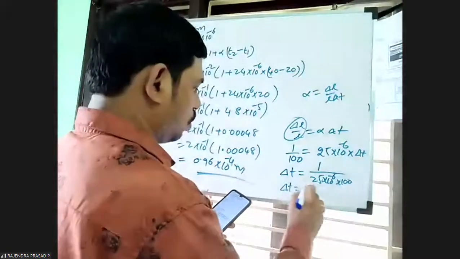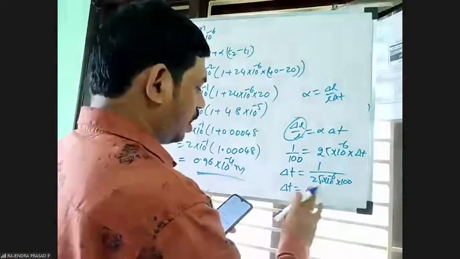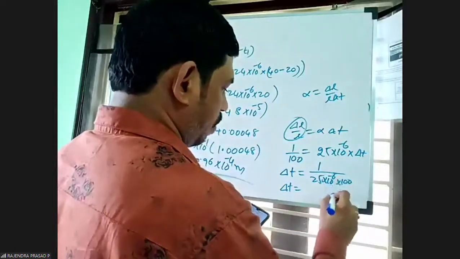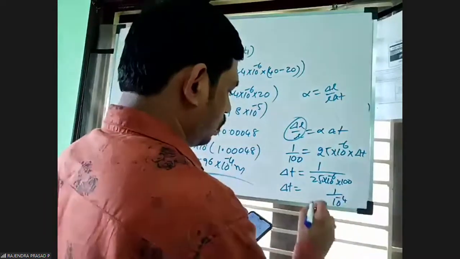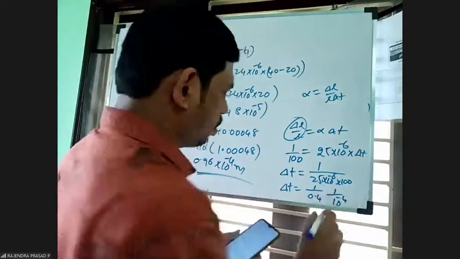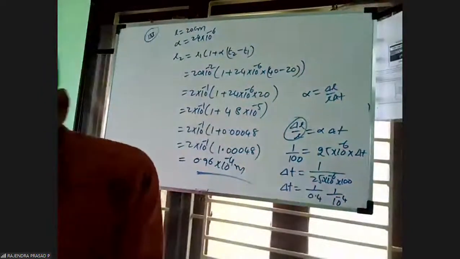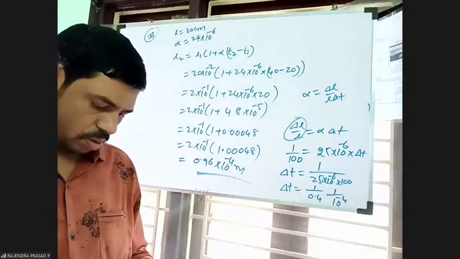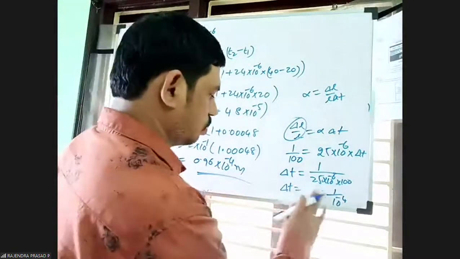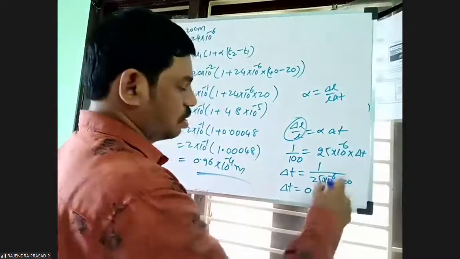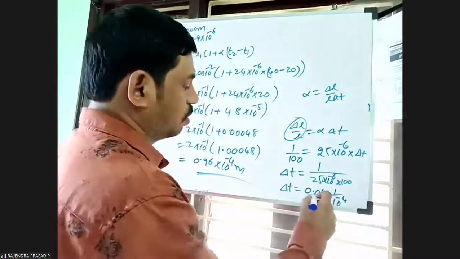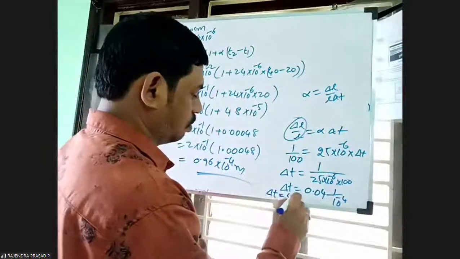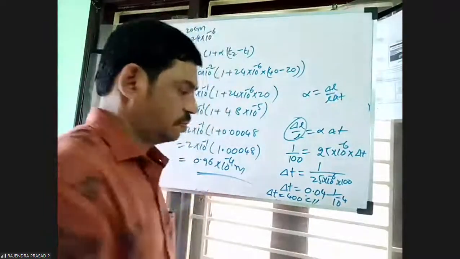So delta T equal to 1 by 25, maybe 0.04, 10 power 1 by 10 power minus 4. 1 by 0.4 or 0.04. 0.04, so shifted to 10 power plus 4, plus 4 means 400. 400 degrees C. Direct.